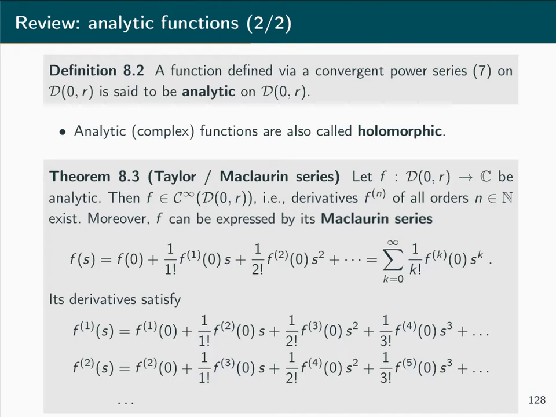Corresponding power series formulas, of course, also hold for all derivatives of f. So, for instance, this power series representation for the first derivative of f, and this one for the second derivative of f, and so on.